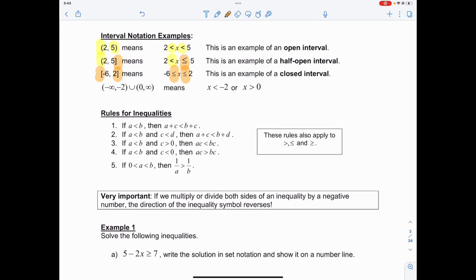We can also have it where we split it and we say that it's going to be this interval or this interval. If we needed to, we could use the opposite, like this, to say and instead of or.